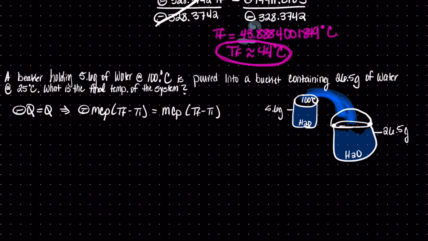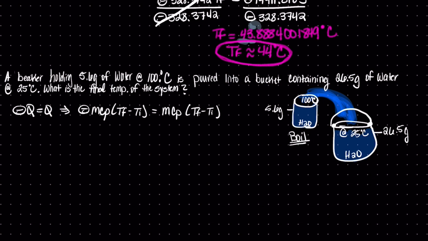And that bucket's currently sitting at 25 degrees Celsius. So, i.e., I'm pouring boiling hot water, because water boils at 100 degrees Celsius, into some colder water. Capiche? Now I gotta see what happens to Q my system after I put everything together.